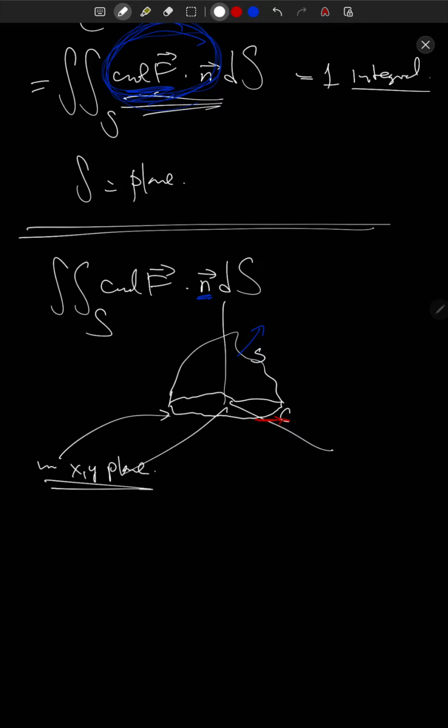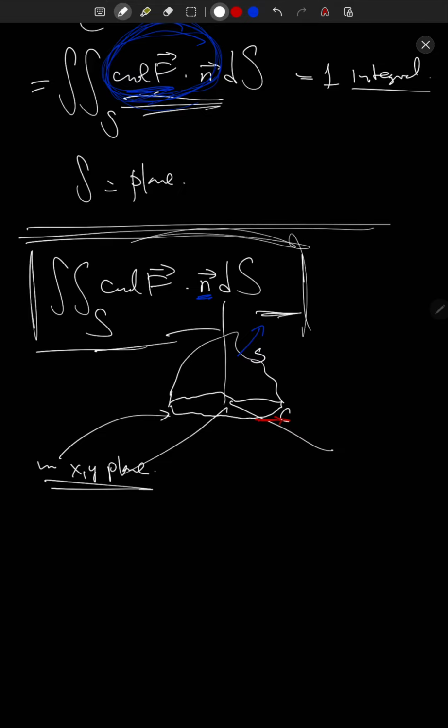So it's easy to make an example like this. I could take a graph of a function as my surface, and I want to calculate this curl integral, this kind of circulation integral, but I'm only interested in the part of the graph which lies on or above the xy plane. In that case, the part that touches the xy plane is going to be my boundary, right?